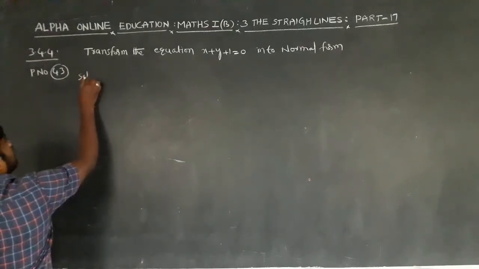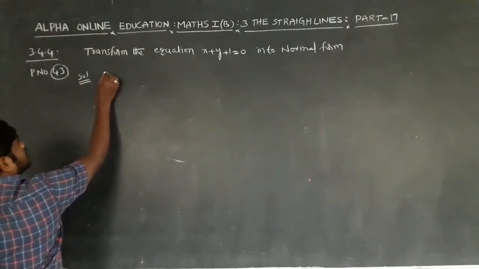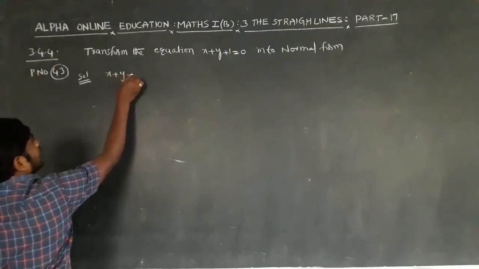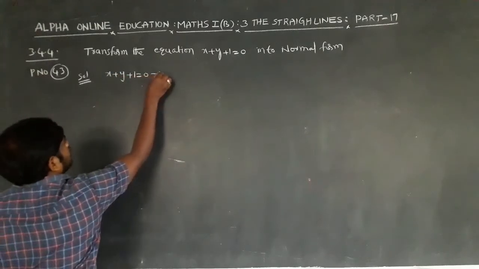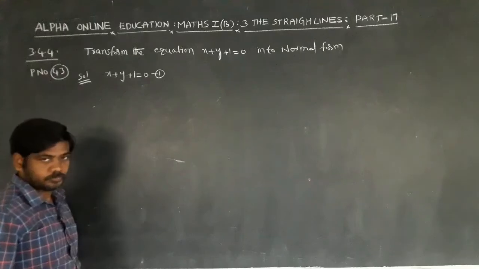Here the given equation of the straight line is x plus y plus 1 is equal to 0.